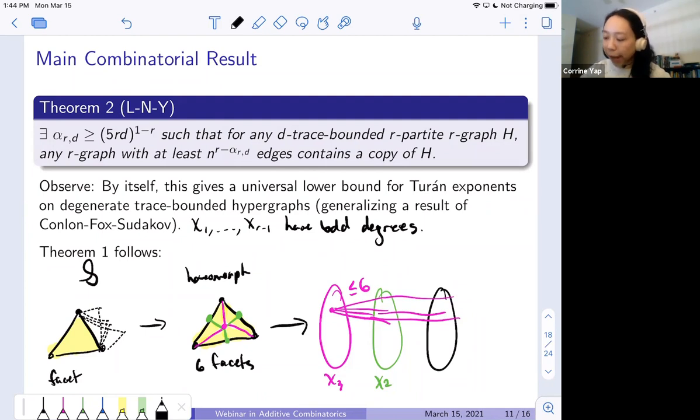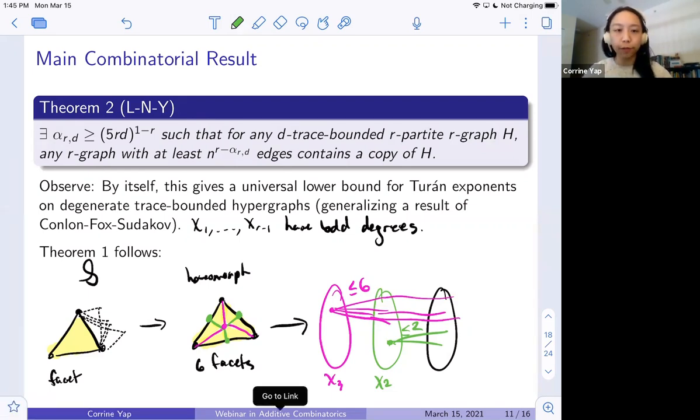But in terms of the black vertices it's adjacent to, it's subdividing this particular edge, so it will only be adjacent to these 2 black vertices. So in fact, its degree to X1, the set of original black vertices, is bounded by 2. And for D trace boundedness, I don't need to assume anything about the black vertices. And of course I shouldn't, because the original vertices might be involved in a lot of different facets in my simplicial complex.